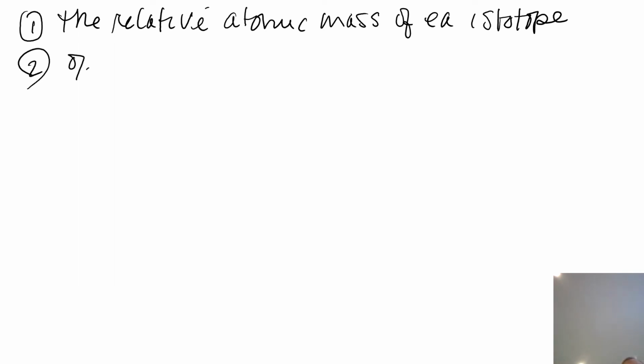So to calculate the atomic mass from mass spec data, we need to know, number one, the relative atomic mass of each isotope. Of course, these are naturally occurring isotopes, and the percent abundance.